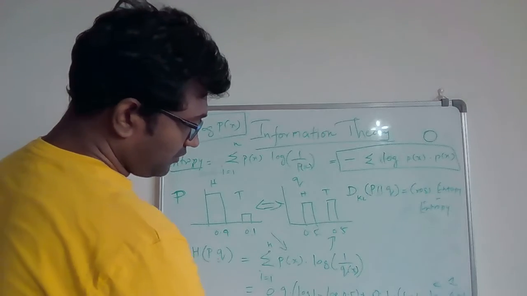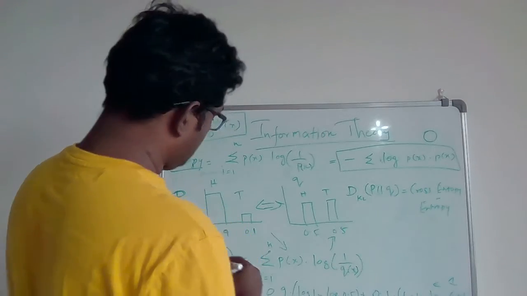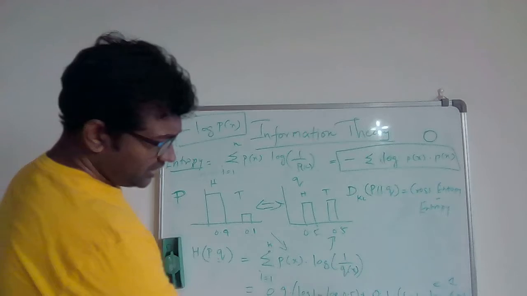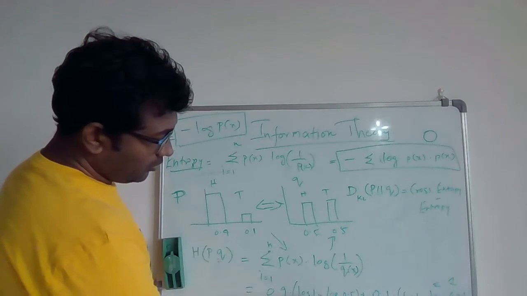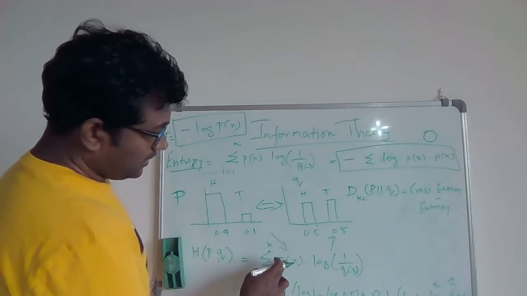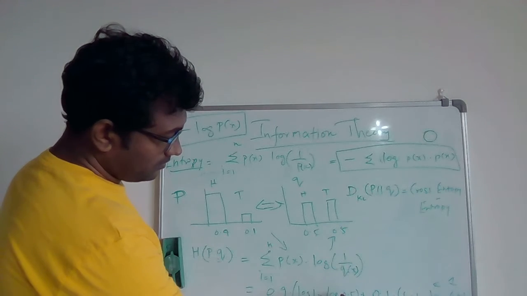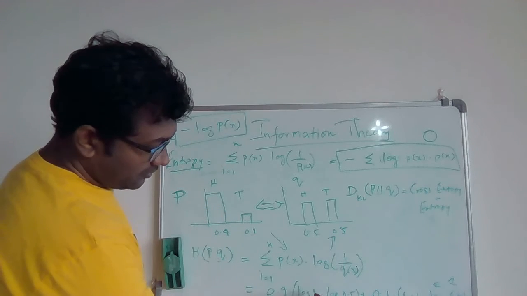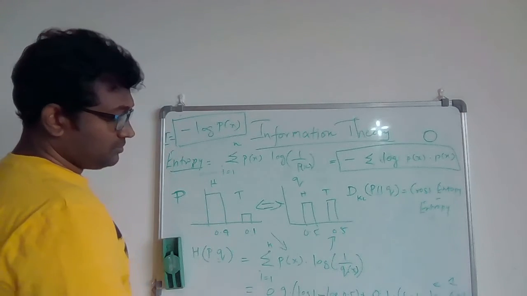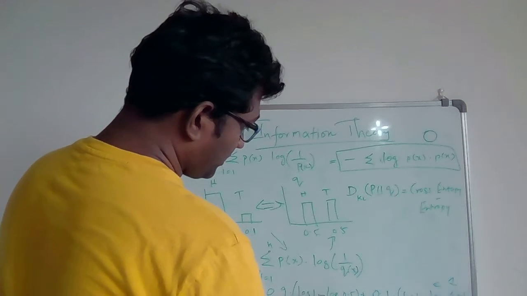For this cross entropy, if you calculate it, the cross entropy is equal to 1, because it's a very simple calculation: 0.9 into log 1 minus log 0.5. Log 0.5 is -1, and if you multiply by the minus, this becomes 1.